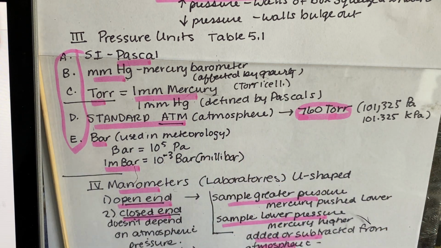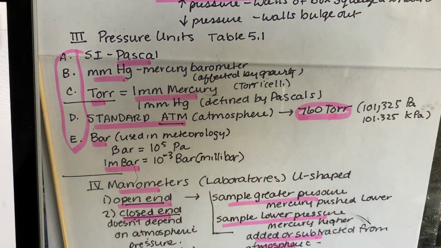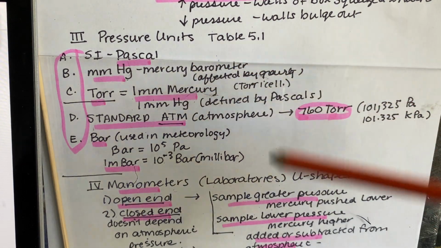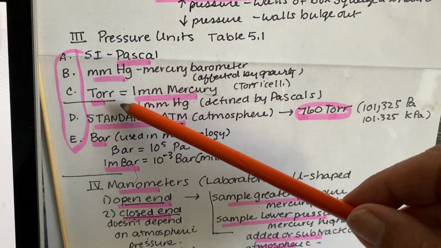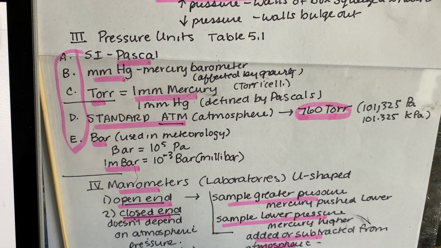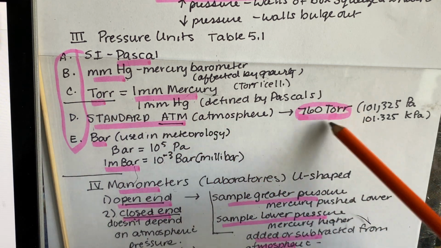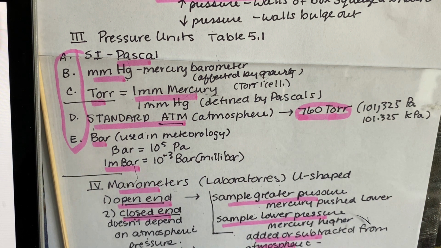So if you were measuring pressure in a balloon, you can measure it in pascals, which will give you a lot of them because it's a very small unit, or you can measure in millimeters of mercury, which is equal to a torr. In 1 ATM there are 760 torr. So you're going to have to know all of these. It's kind of important.